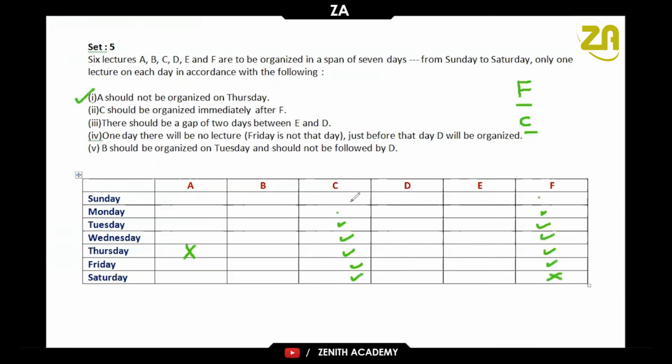And similarly here, lecture C can never be held on Sunday, because if it happens, then lecture F would have to be arranged before starting the program, which is not a desirable case. So with this line, you can only infer that lecture F cannot happen on Sunday, lecture C cannot happen on Sunday, and lecture F cannot happen on Saturday.